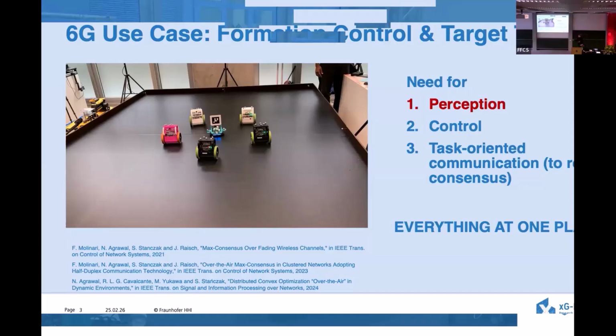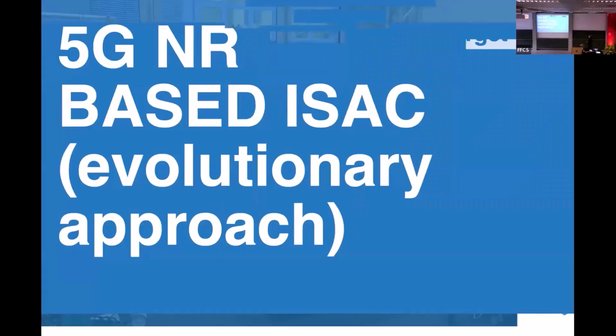So they need to form a formation and then follow this guide, and also avoid collisions. So basically, people say that to realize such a use case, you need perfect localization, which is not true. You don't need this, and this might have impact on how we define performance metrics for sensing.